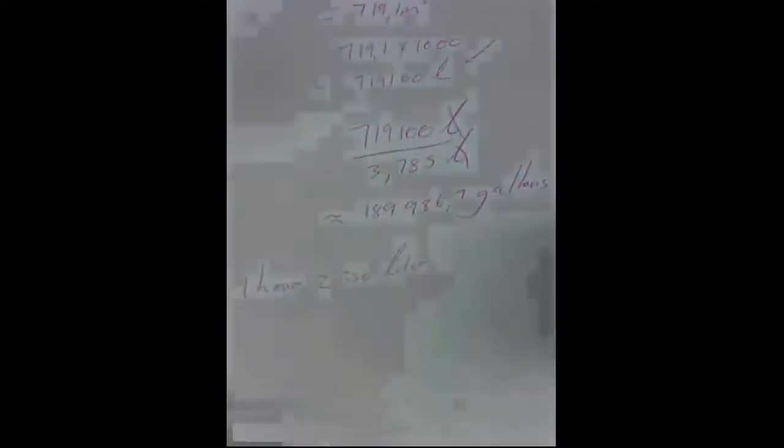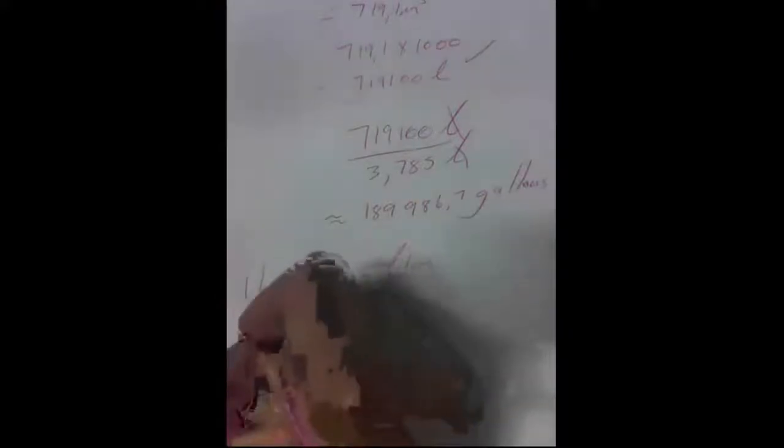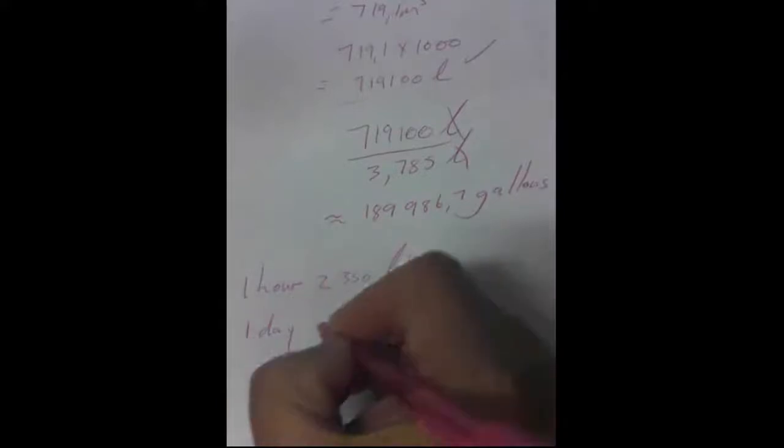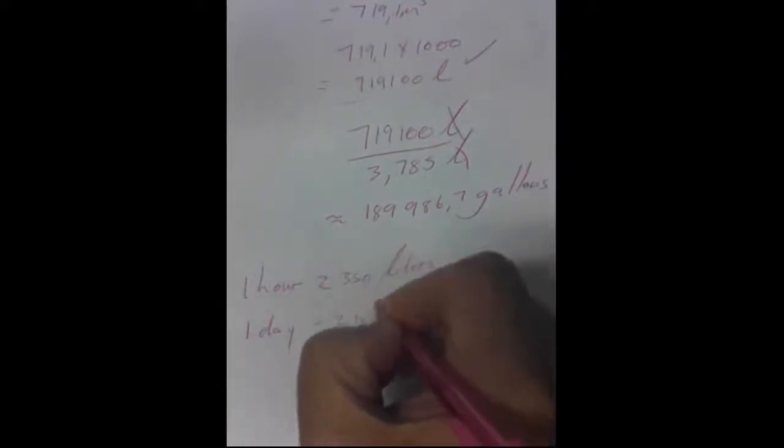If it fills that in 1 hour, then what must you say for days? 1 day is how many hours? 1 day is equal to 24 hours.